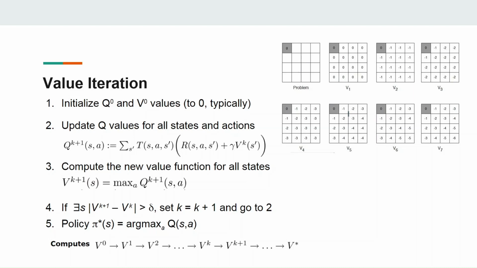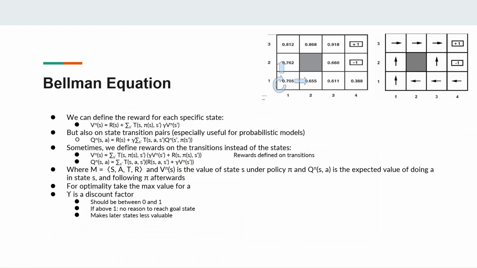Can I ask what is Q in the previous slide? This one? Yeah, in the second equation. Yeah, okay. I'm quite sure that this is a typo, that V is for the values for a state.